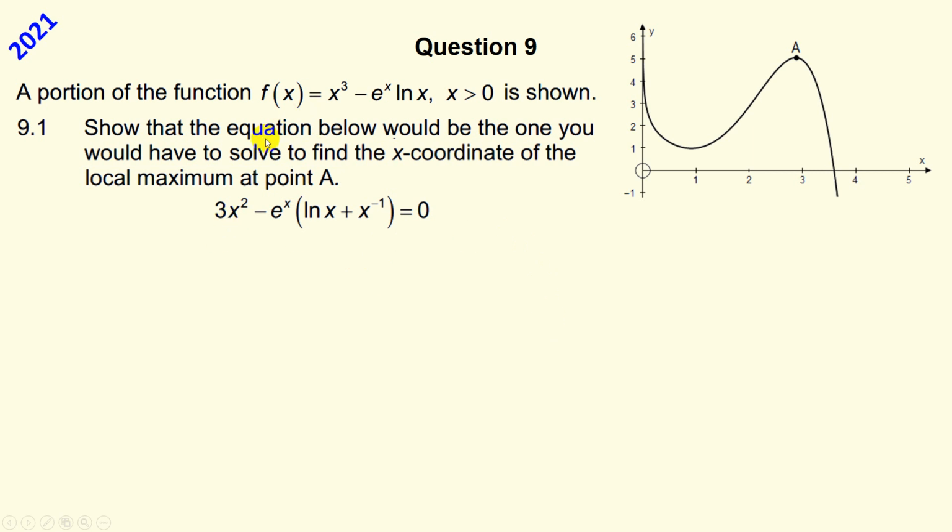So now, if I'm finding the local maximum point A, I'm actually equating the derivative to 0. I'm finding the derivative and equating it to 0. So this must be the derivative. Let's find the derivative.